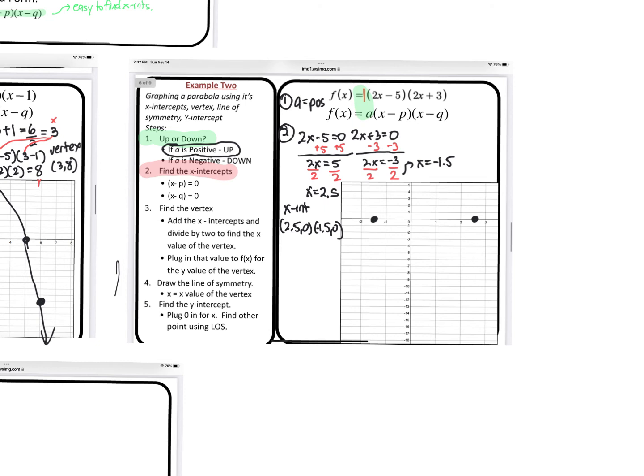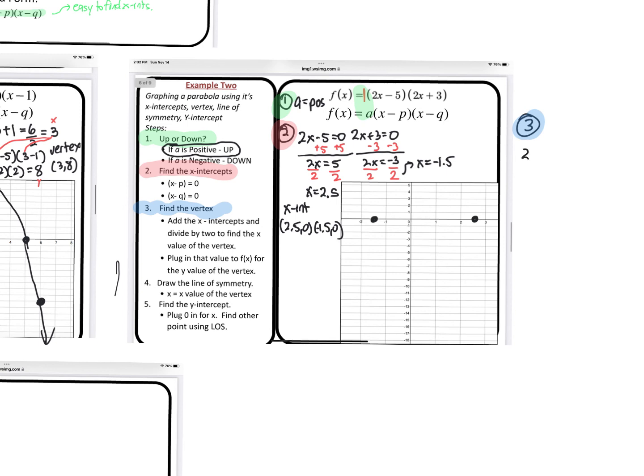And so the next thing we need to do is find the vertex. And I'm out of room a little bit, so I'm just going to write the vertex off over here. Don't write on the desk. And so finding the vertex, this step right here. So again, color coordinating, up or down. This guy right here, and now we are over here. We want to find the vertex. So step 3, finding the vertex, is we take the two x values and we add them up.